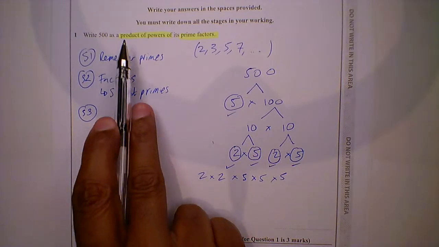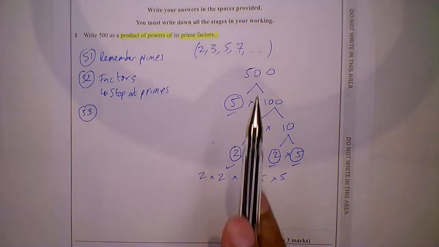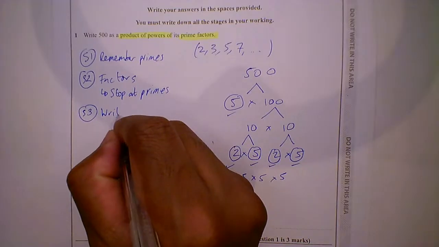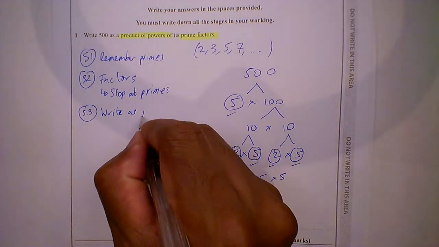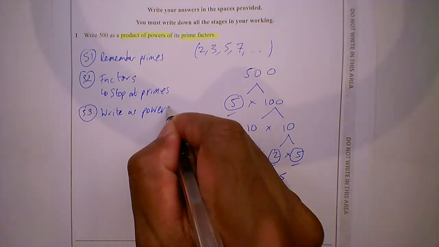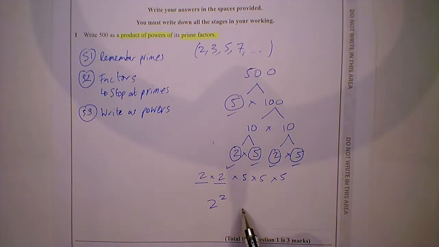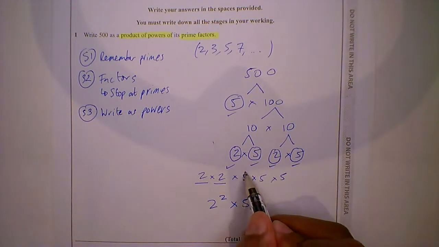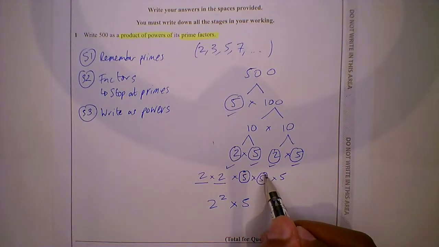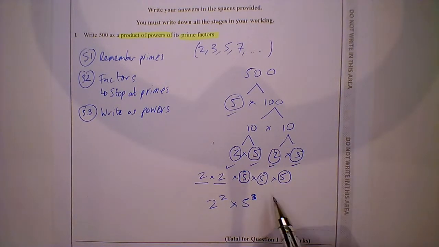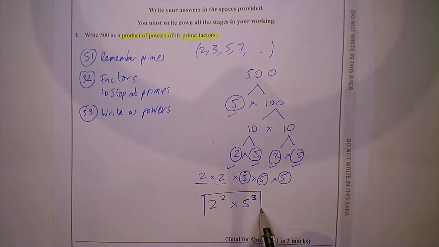So step 3, as a product of powers, I write this as powers. Okay, so I've got 2 2s, 2 to the power 2, times 5. How many 5s do I have? 1, 2, 3. So it's to the power 3. 5 cubed. 2 squared times 5 cubed.